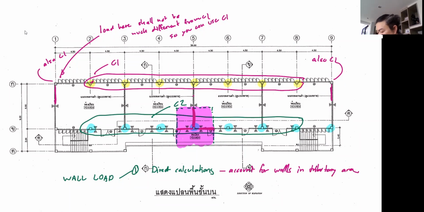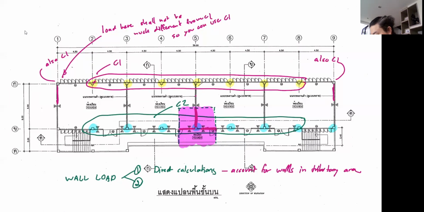Okay, the second is, say, the average calculation. Now, the second one would work when we have a structure with a strong floor, such as the high-rise building, the condominium, where they use the precast concrete structure, the pre-stressed concrete, the post-tension floor for the entire floor.